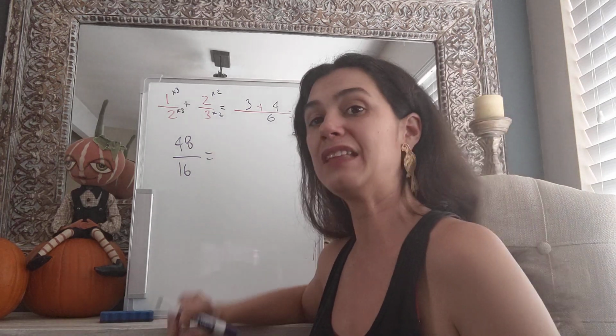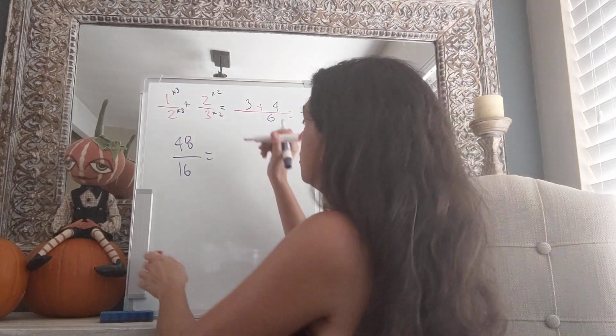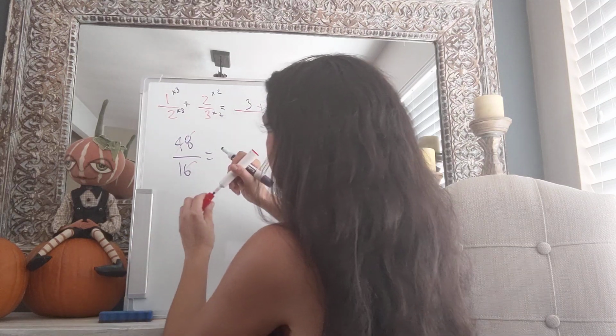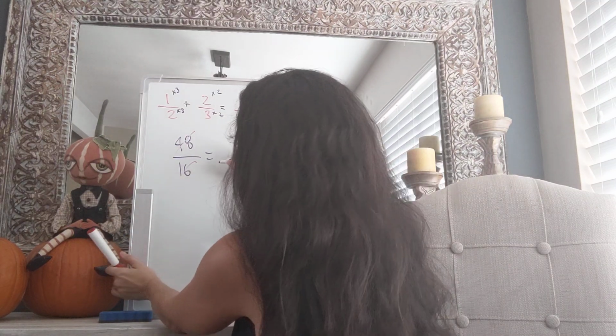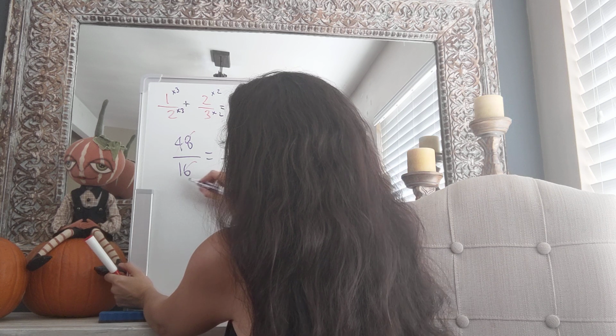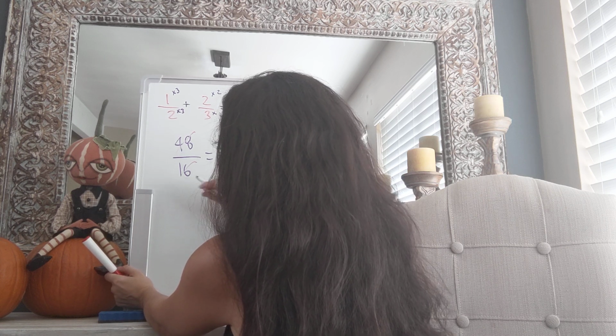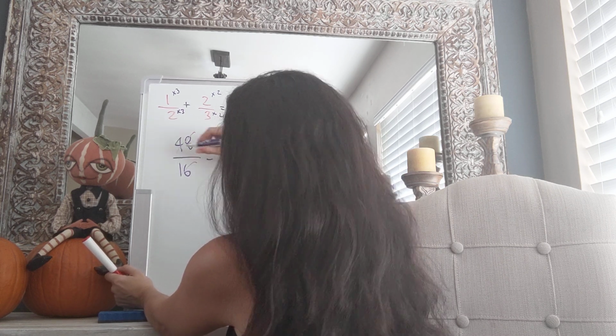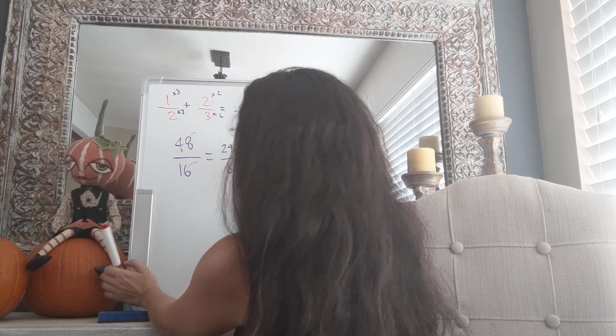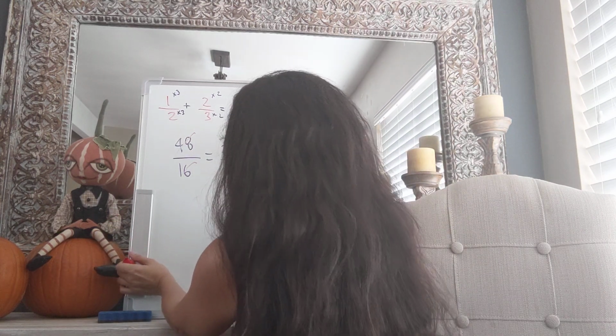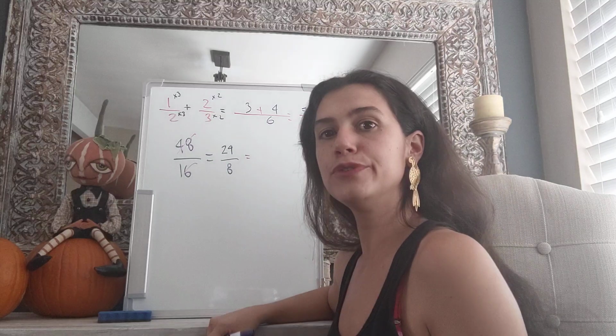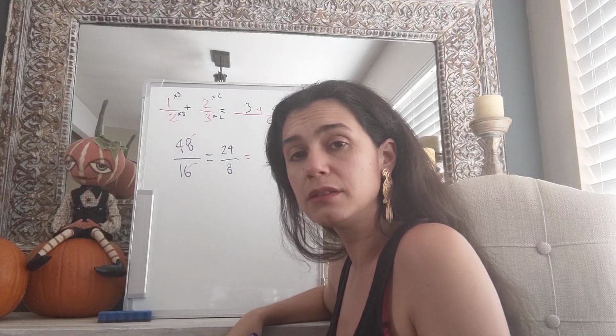Easy way is finding the halves of these. Half of 16 is 8, and half of 48 is 24. My brain was ahead. Then what else can I do? Can I just continue dividing?